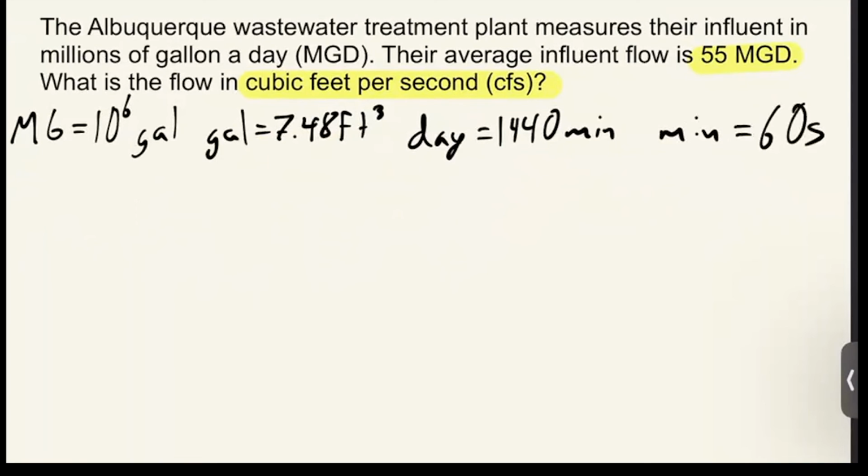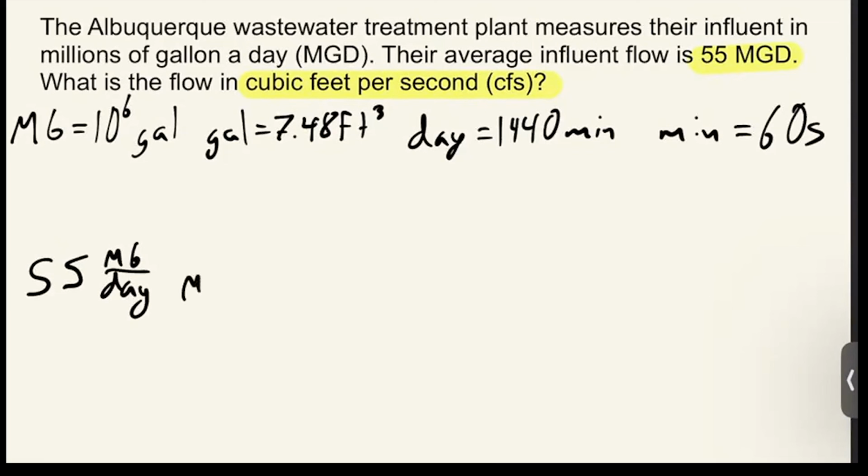So next, we're going to arrange our equation so these terms are horizontal. Our first one is going to be our value of 55 millions of gallons per day. And our next unit will be to convert the millions of gallons to gallons.